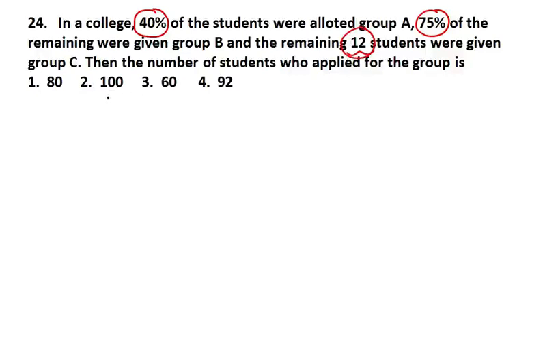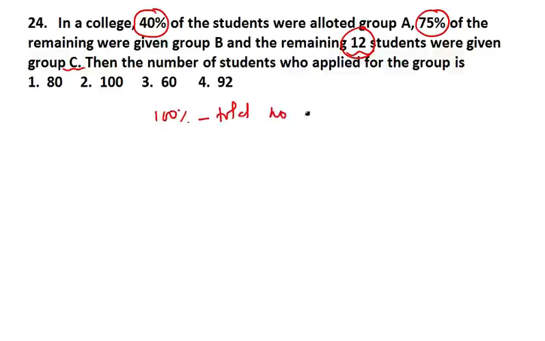Now 12 is given to group C. So then the number of students who applied for the group, okay, good. Now read the question carefully. It is said 40% of the students were allotted group A. I will assume that 100% is the total number of students, okay.